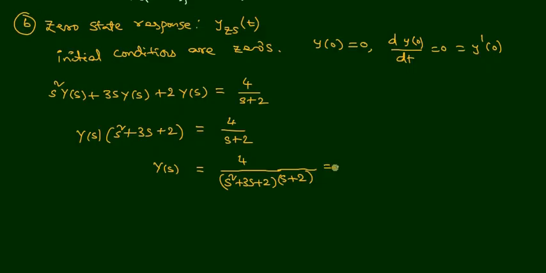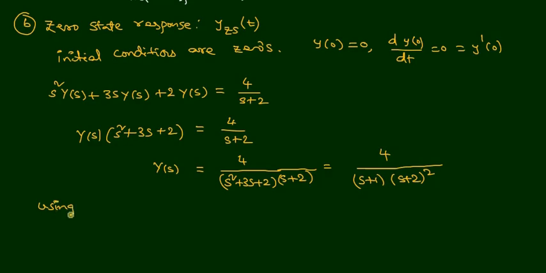So that equals 4 divided by... So we convert this quadratic equation into simple poles form. This gives (s+1)(s+2)(s+2), that is (s+1)(s+2)². Now use the partial fraction expansion.